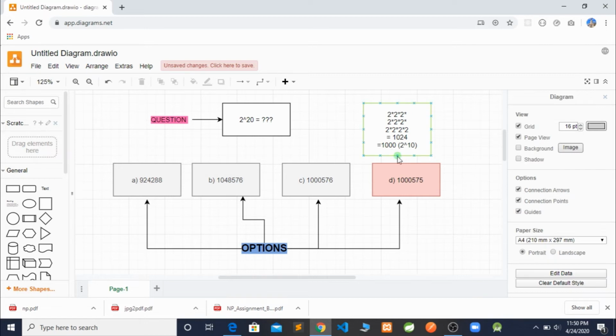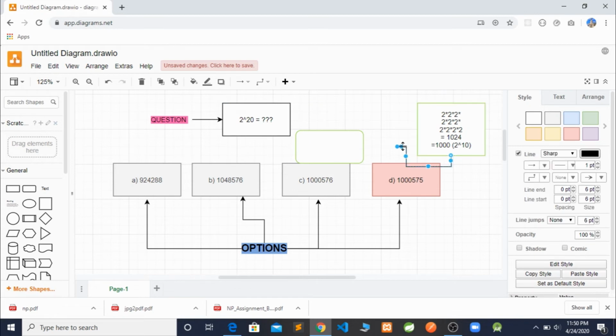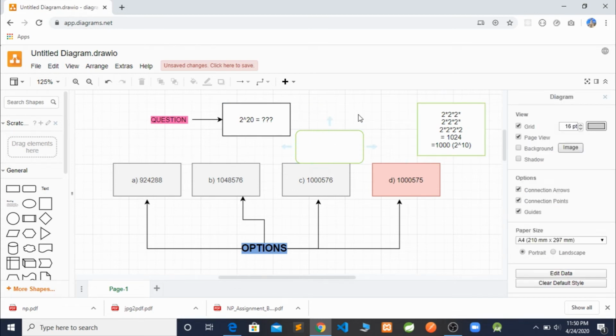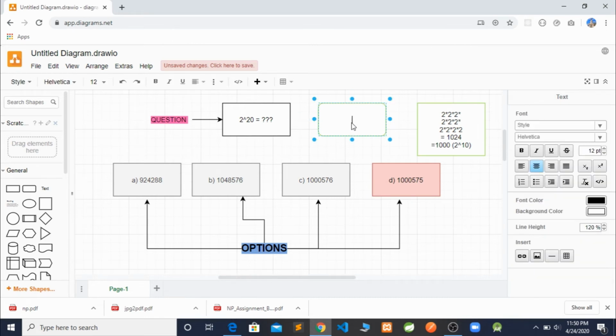Okay, and now what we can do here is, 2 to the power 20 is 2 to the power 10 times 2 to the power 10.